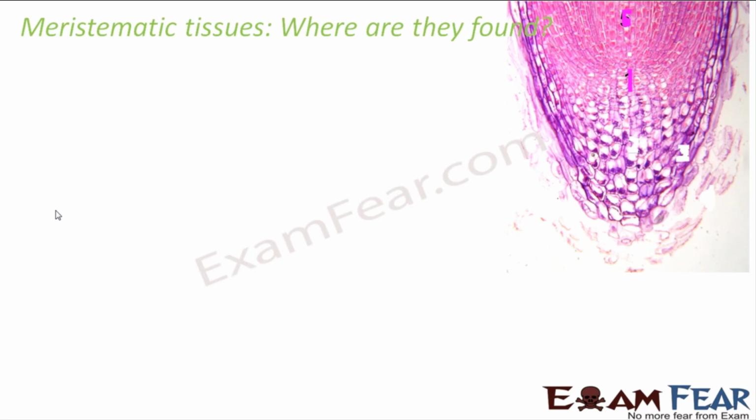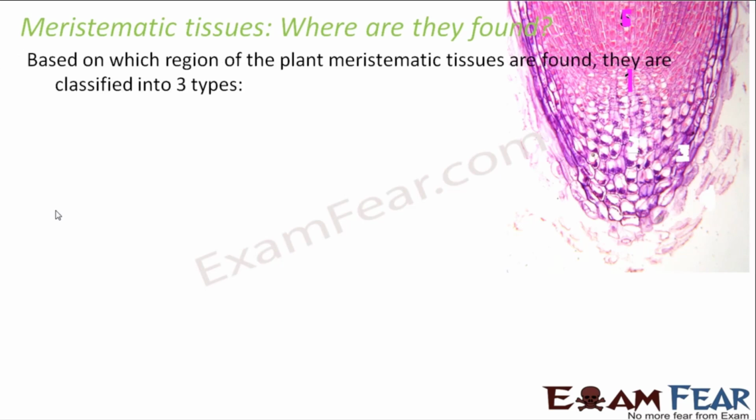Now, as I mentioned, they are found in only some specific regions of the plant where the growth is more. The growth is prominent. Now, based on which region of the plant meristematic tissues are found, they are classified into 3 types. Okay, so depending upon where the meristematic tissue is located, we will again classify them into 3 categories.